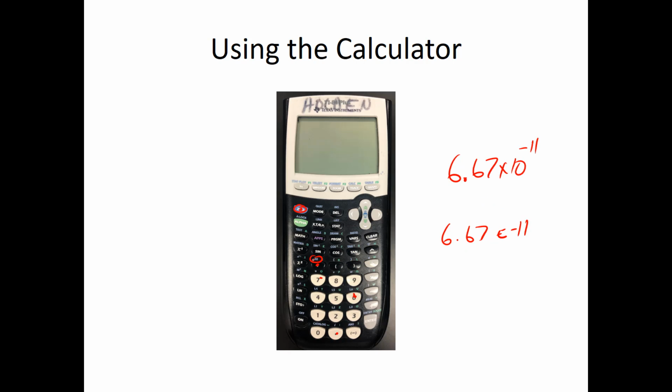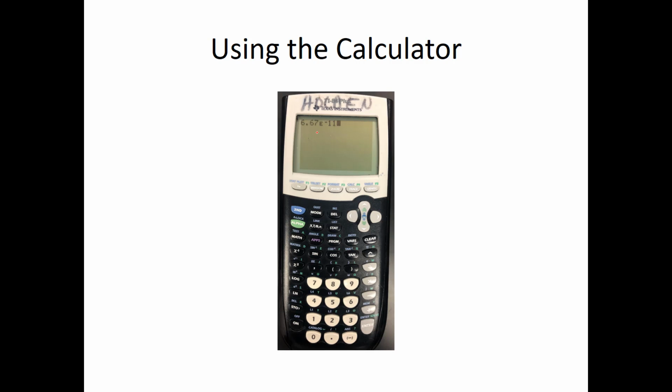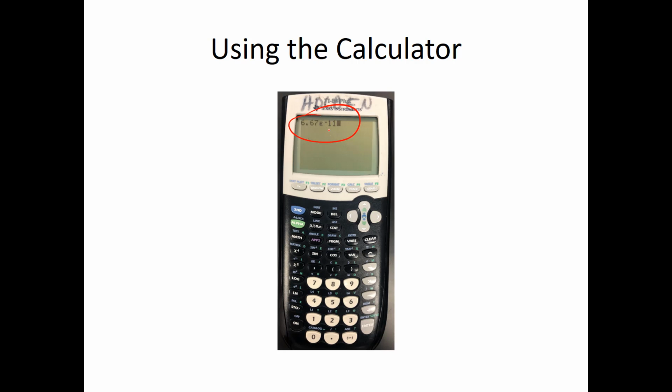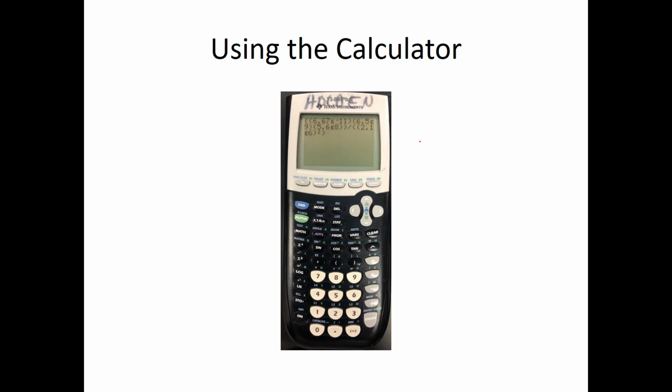So you just type in 6.67, second EE, negative 11, nothing else. You don't put a caret or anything, you don't make an exponent. It's just like that, and your calculator will look something like this. And this is 6.67 times 10 to the negative 11th in a calculator.